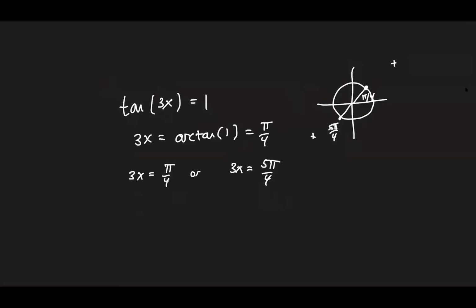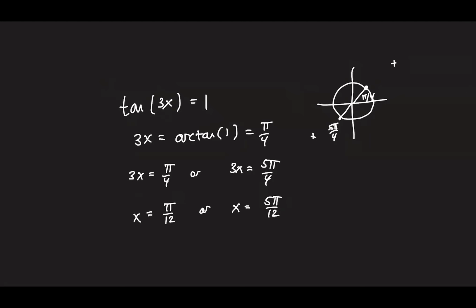We can think of these as our base solutions, and then we get the general solution, so if I add 2 pi to any of these, we get our general solution. If I solve for x, we get x is equal to pi over 12, or x is equal to 5 pi over 12. So these are two solutions, but they aren't the only solutions to this.